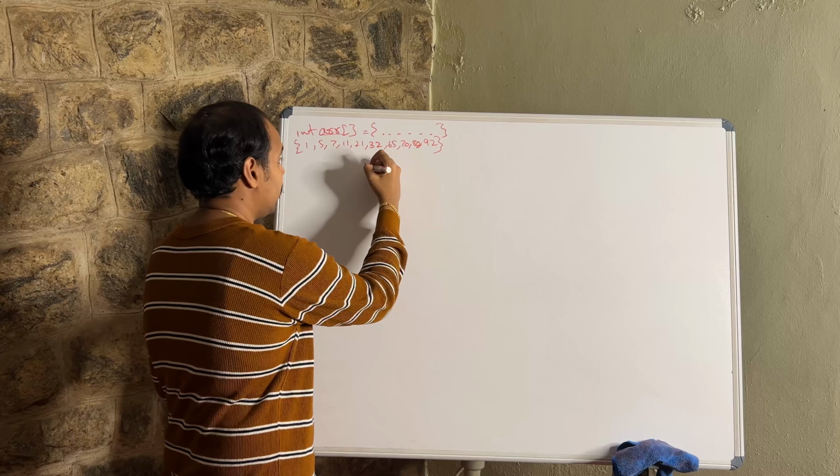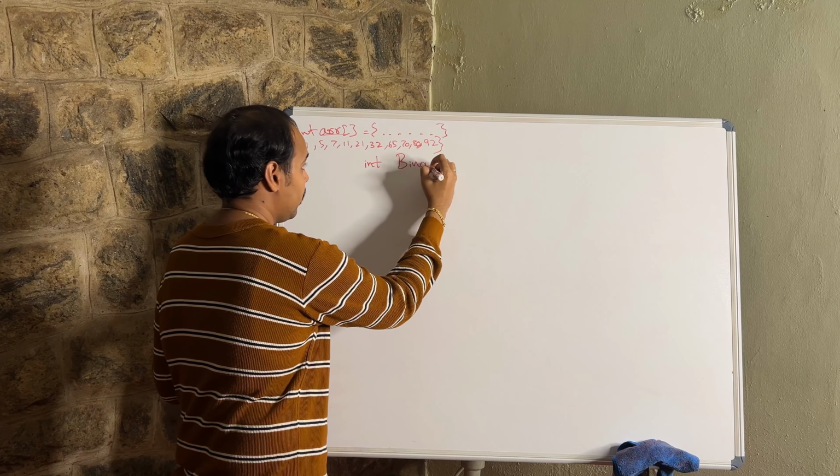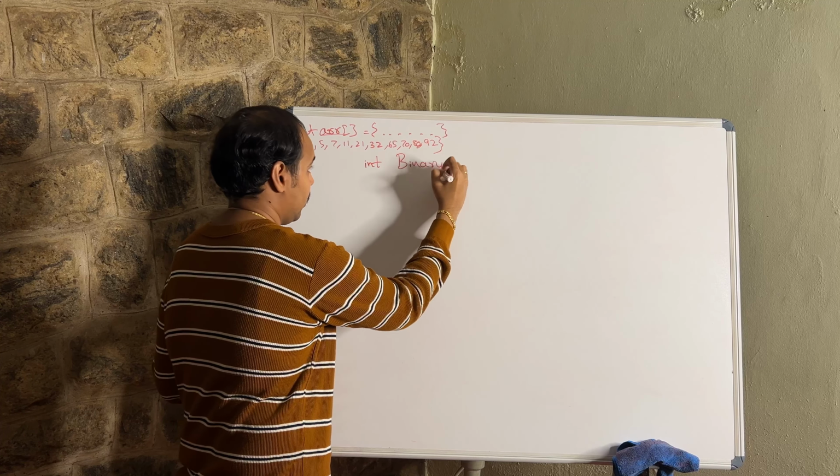So int binary search. Why integer? Because we are going to return the position of the number that we are looking for, if it exists. If it doesn't exist, we will return -1. By position, I mean the index in the array.